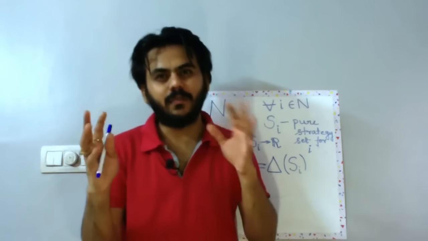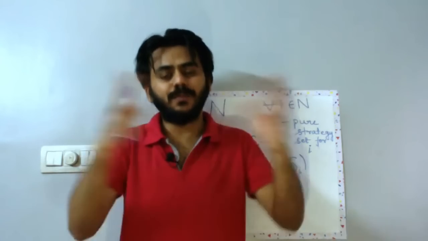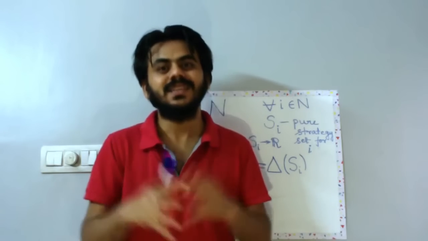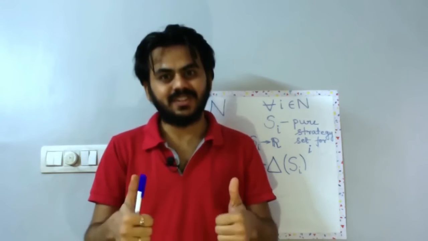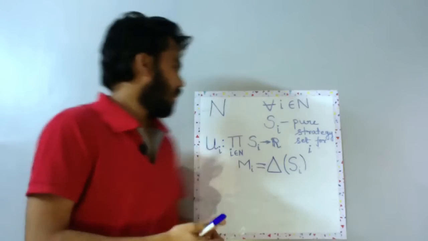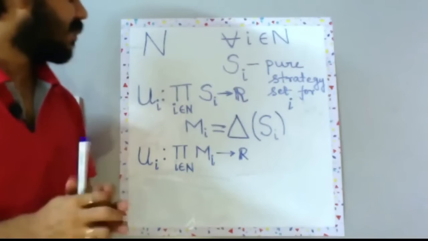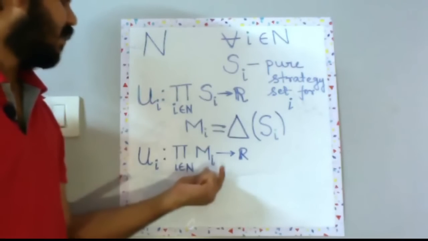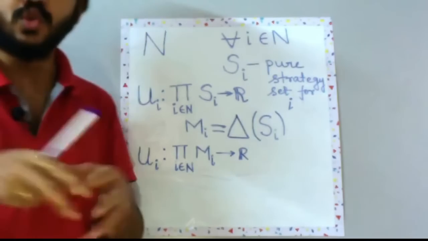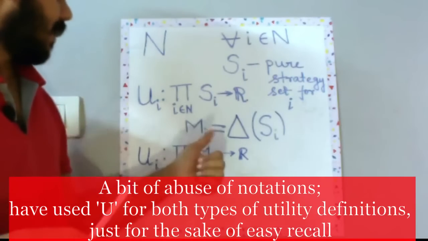So don't think of it in terms of a set, but think in terms of possibility. All possible probabilities for a particular player over his pure strategies is your set of mixed strategies, capital M_i or delta over S_i. And how do we get the utility for mixed strategy games? We just replace capital S_i with capital M_i, because earlier we had to choose over capital S_i, now we are choosing over capital M_i.